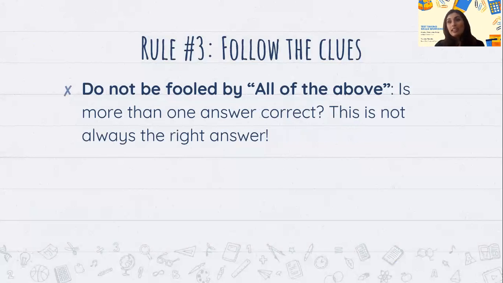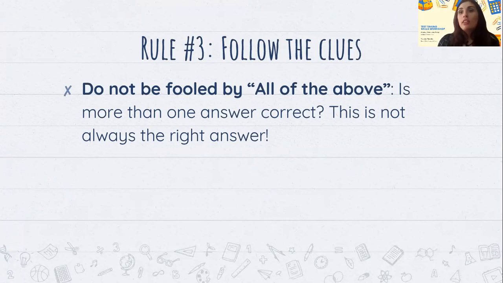And then another thing is, I talked a little bit about all of the above and none of the above. You don't want to be fooled by these. Just because they exist, just because they're a choice, does not mean it's the correct answer. This is a common thought that if all of the above is there, then all of the above is the answer, and that's not necessarily true.